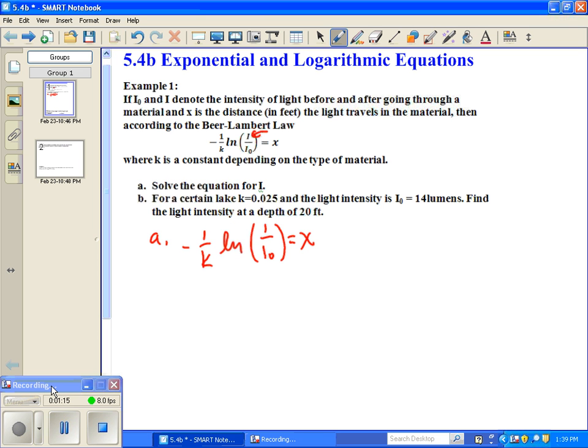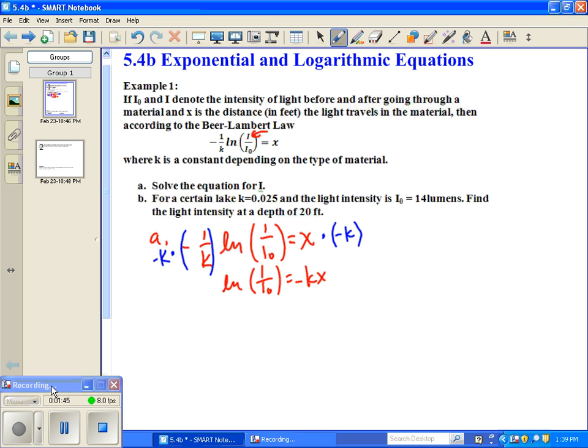So the first thing we want to do is multiply both sides by negative k. Okay, so on the left side, the negative 1 over k will go away. So we just have ln of I over I sub 0 equals negative kx.